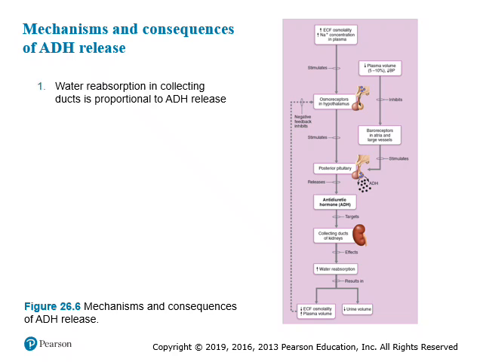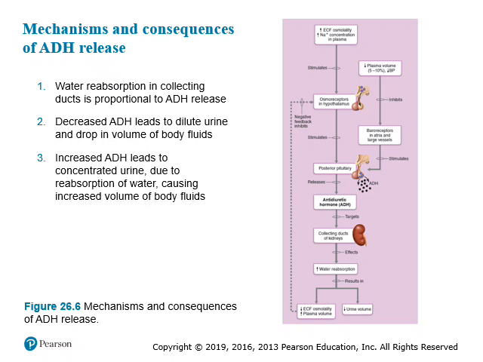Okay, so water absorption in the collecting ducts is always proportional to the antidiuretic hormone release. Decreased antidiuretic hormone leads to a dilute urine and a drop in the volume of body fluids. So you're going to lose a little bit of urine volume there because of decreased ADH.